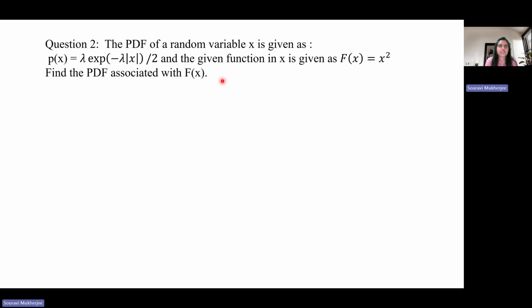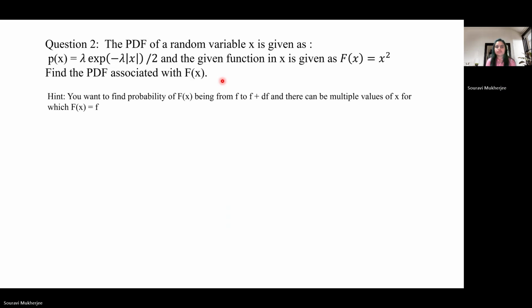How to do this? You have one variable, and you know the probability density function of that variable. Now there is a new function of that variable, and you want to find the PDF for that particular function f(x). When you say you want to find the PDF of f(x), what you want to find is the probability that f(x) lies between f and f plus df.